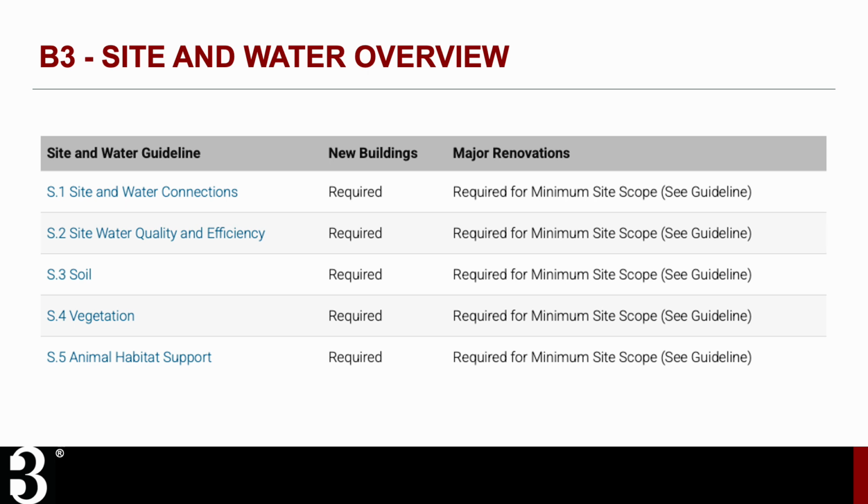For those not very familiar with the Site and Water guidelines, there are 5 primary sections: site and water connections, site water quality and efficiency, soils, vegetation, and animal habitat support.